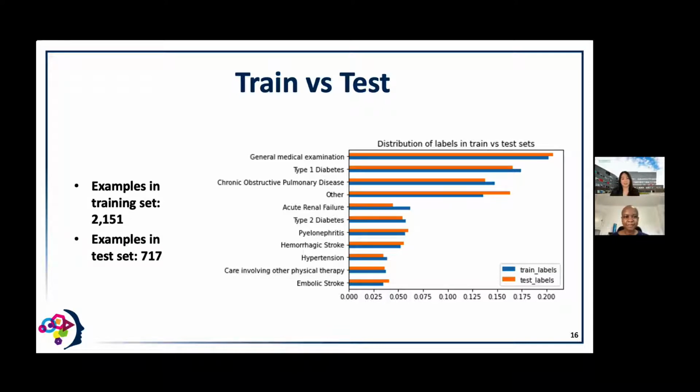And so this is just an example of not really the performance of the model, but just to show the distribution of the data within each of the training and test sets.